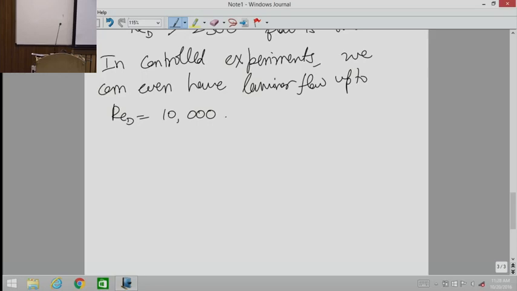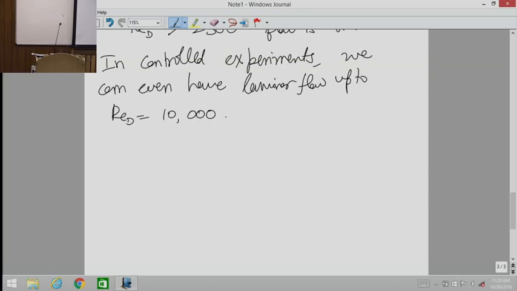It is a limit in the sense that definitely if Reynolds number is less than 2000, even if you introduce a lot of disturbances at the inlet, they will die down, and the flow becomes smooth. And once you cross 10,000, even if you make very smooth flow with no disturbances, it will show these random variations.